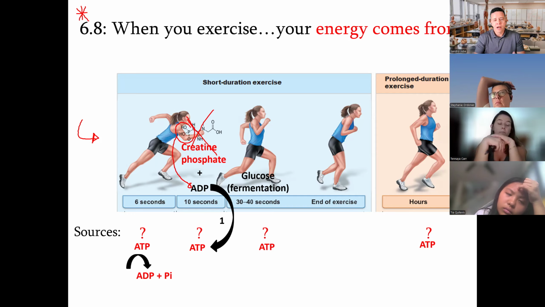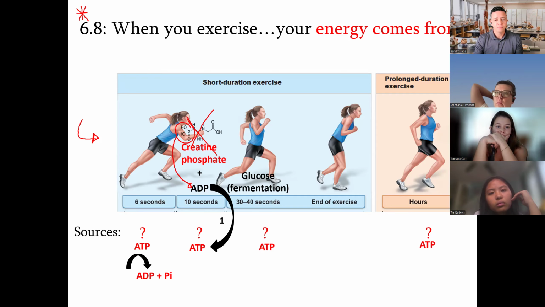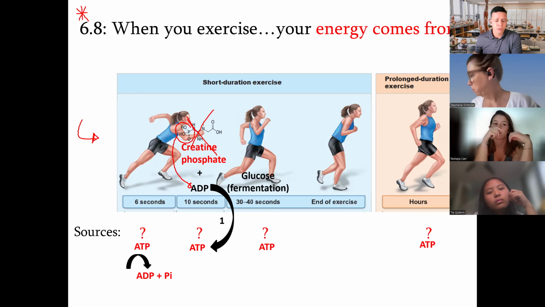The skeletal muscle cell is going to take the glucose that we ate for breakfast and send it through a pathway called fermentation. And fermentation of glucose is not a very effective pathway, but it's a quick, fast, dirty, easy way to get some ATP out of the glucose.